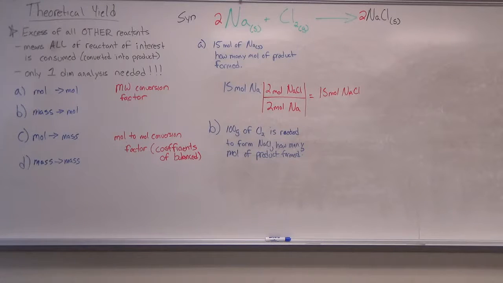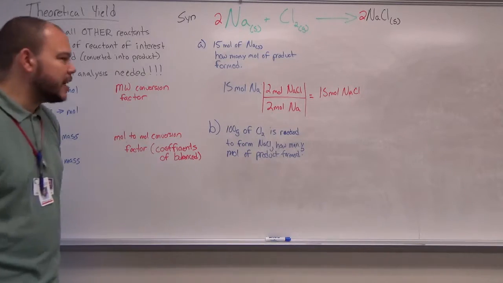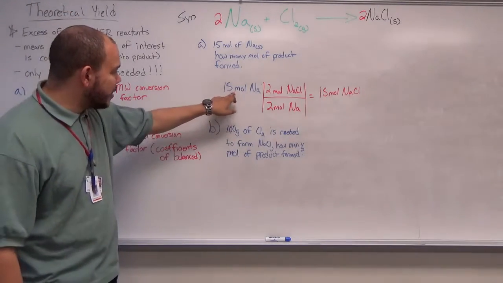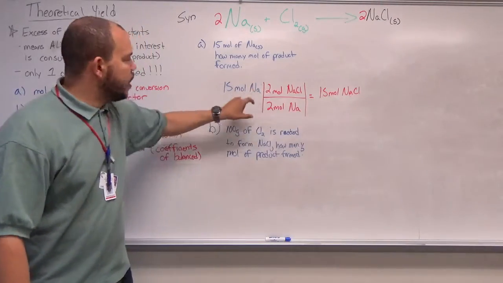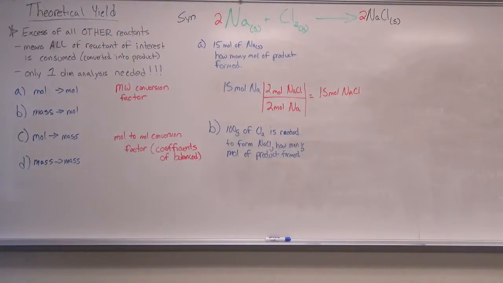We need to use the molecular weight conversion factor as well. We can't go directly because the units won't cancel. So now we need a dimensional analysis that is still one calculation but has multiple conversion factors.